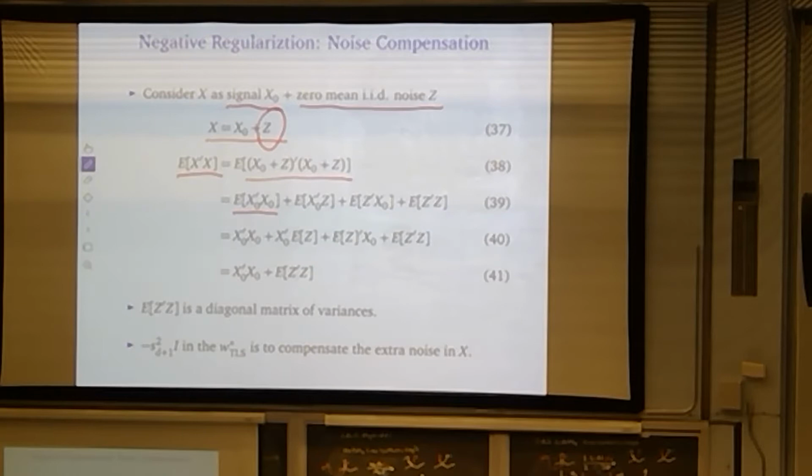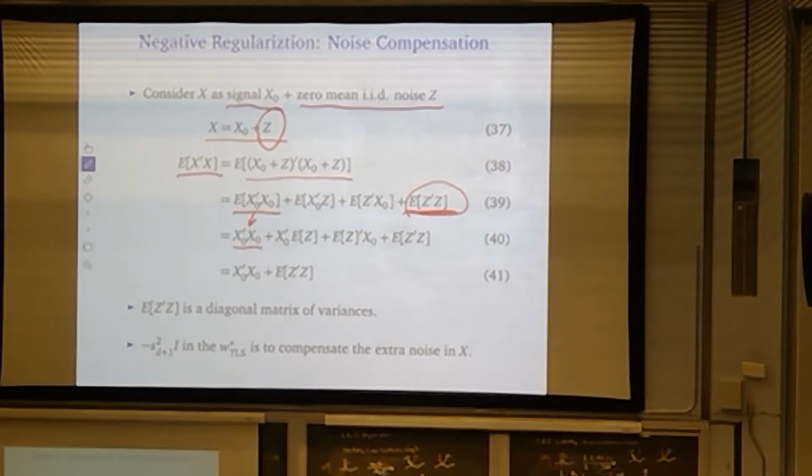The first term, the quadratic term, is just the covariance of the signal, and because it's not a random variable, it's just itself. The other term is this z transpose z, because it's IID Gaussian.